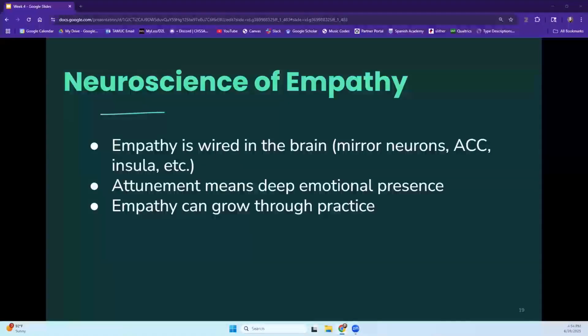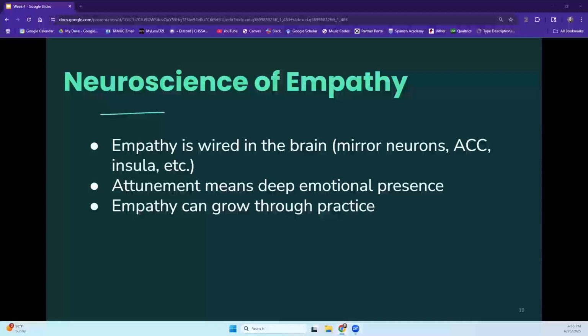Basically, at the core, you have these mirror neurons, and they fire when we act and when we see someone else act, okay? What they do, as it pertains to empathy or emotional intelligence in general, is let you emotionally mirror other people. So that's the part of your brain that helps with taking on that emotional empathy, right?